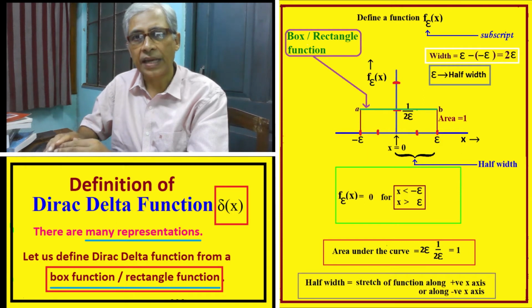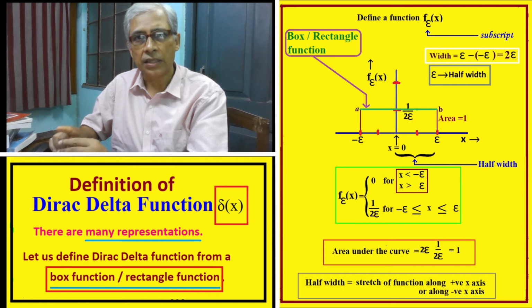So the area is unity. The rectangle encompasses unit area. Let us now mathematically define the rectangle function as given in the green box. It is 0 beyond minus epsilon in the negative x direction and 0 beyond epsilon in the positive x direction, so that its width is 2 epsilon.